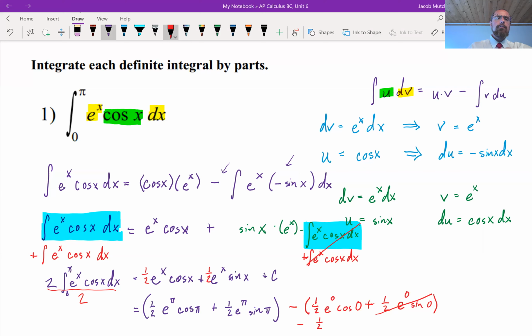Now let's work on the first substitution, which was pi. So sine at pi is also 0. So this whole term there is going to 0 out. And then cosine at pi is -1. So this is going to be negative 1/2 e to the pi.